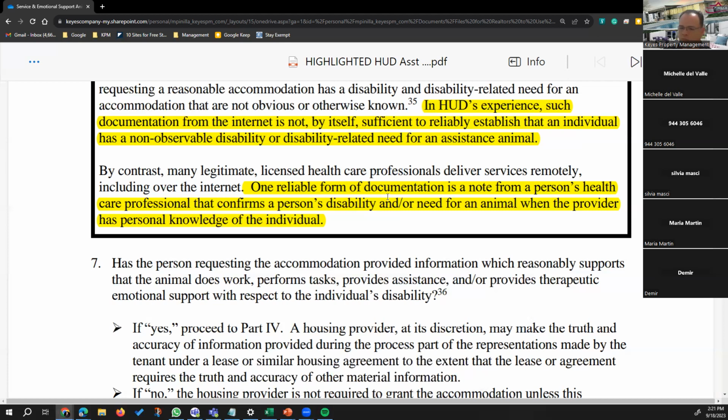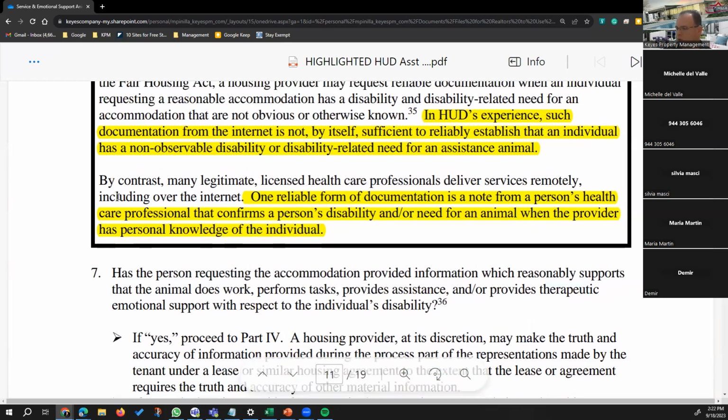I've done this several times with the tenants, the owners, and the agents all at the same time. And I tell the tenants, Mr. and Mrs. Tenant, we're going to sit down, review this document, and go through it together to make sure that we don't make any mistakes, because I want to work with you. And if you have the right to have a pet, service animal, or emotional support animal, I want you to have it.